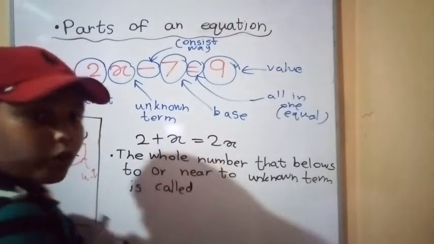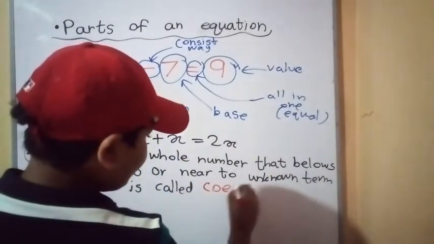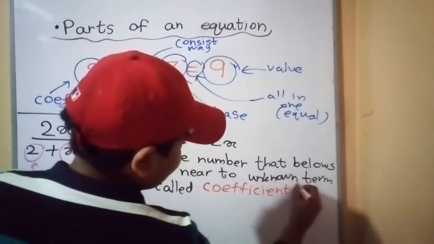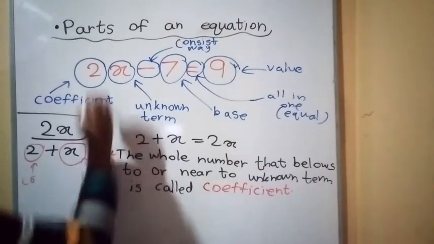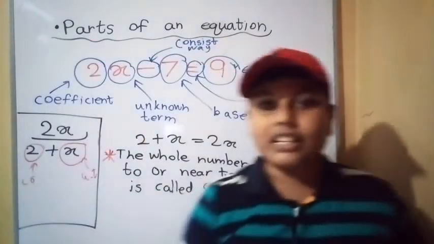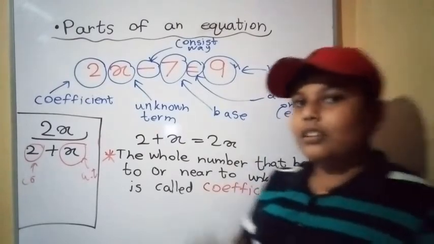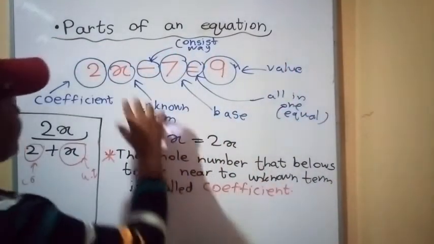It is called the coefficient. This is also very important for all grades, brothers, sisters and guys. This is the coefficient and the parts of an equation. You should know it. You should keep in mind these parts of an equation.